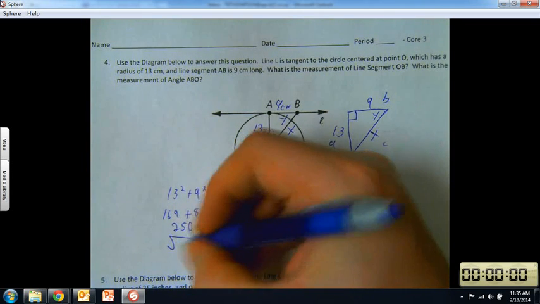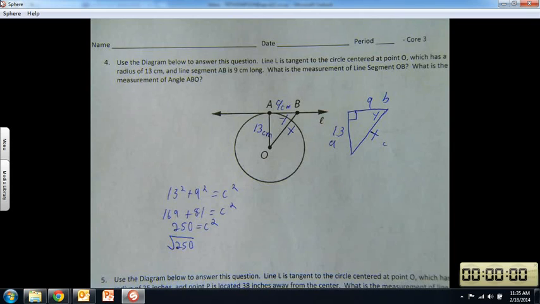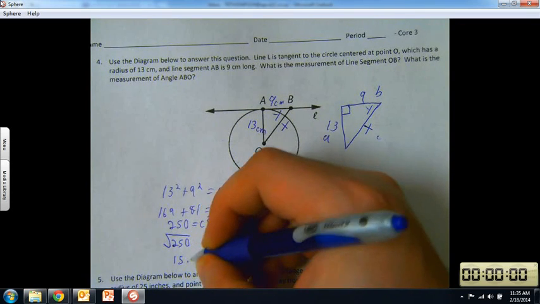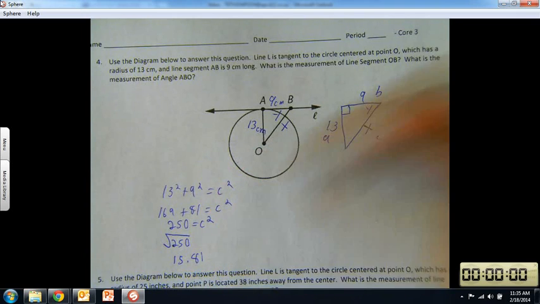Square root of 250 equals 15.81, and we're in centimeters.